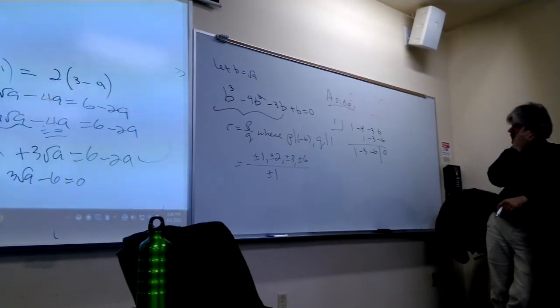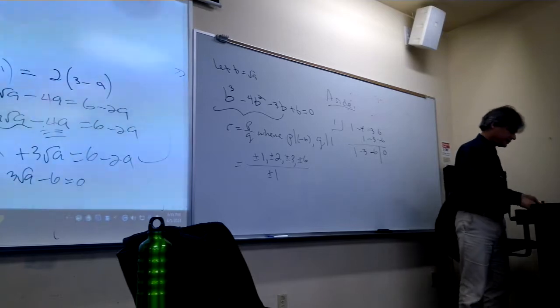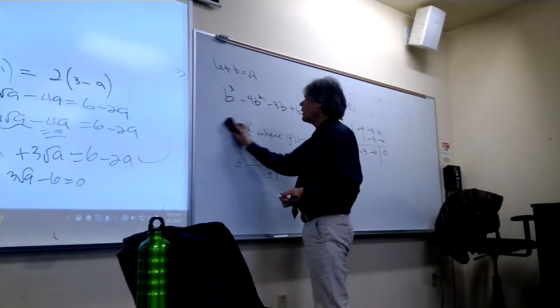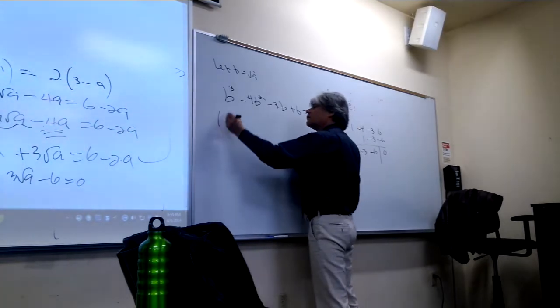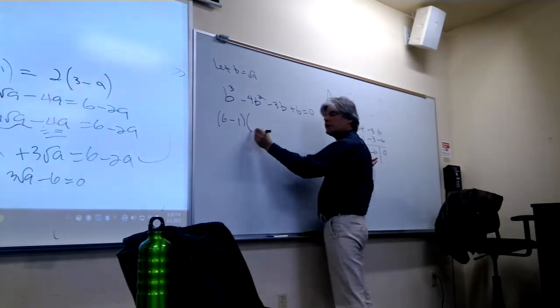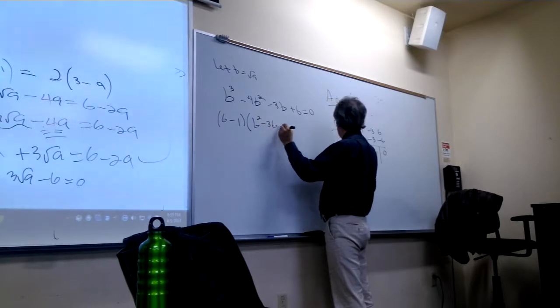What does that really mean? I think it means a lot, because this four-term polynomial expression can be rewritten as b minus 1 times the quotient from polynomial division, which gives me b squared minus 3b minus 6.